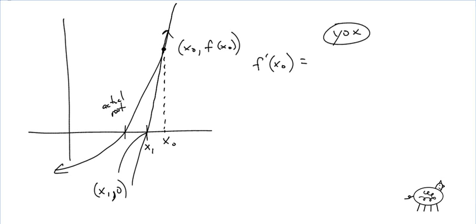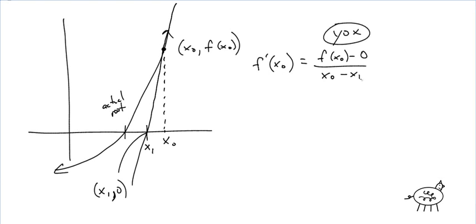So we're going to do f of x sub 0 minus 0, right? We're using these 2 points, so we just created the x sub 0 and x sub 1, over x sub 0 minus x sub 1. All right, so again, that's our slope formula, and that's where we're just saying the derivative, the slope of the tangent, is equal to the slope of that line, which makes sense.